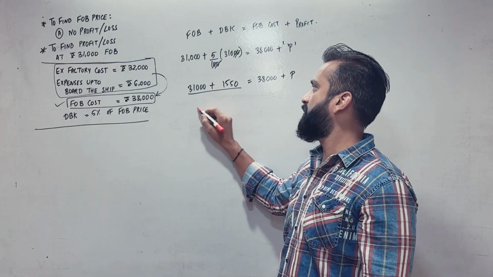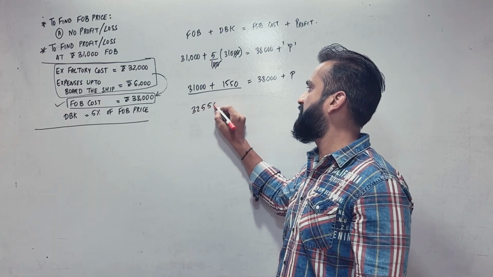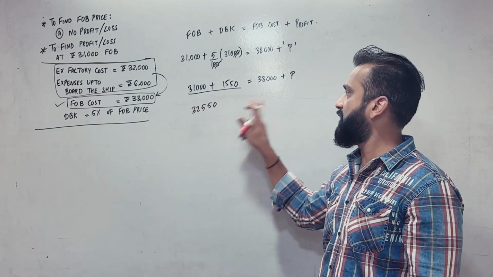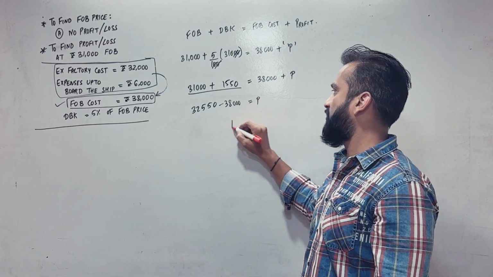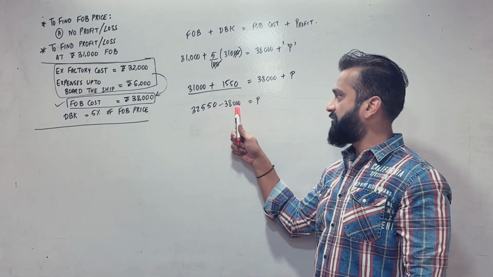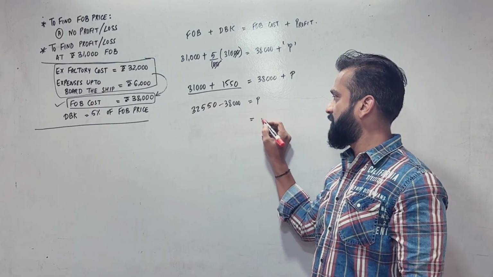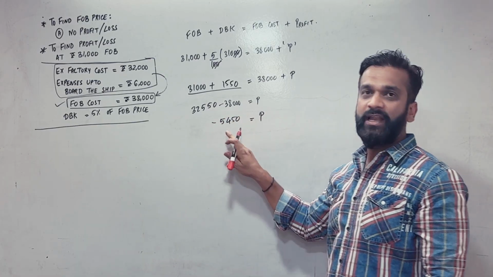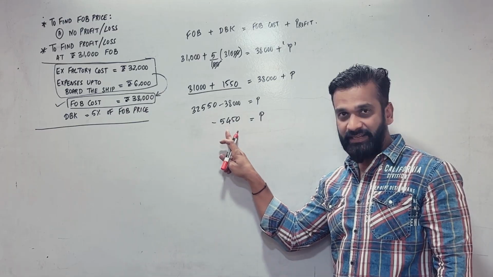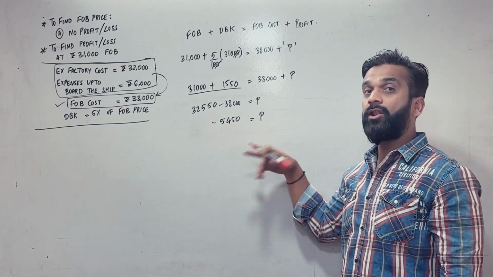So this will become 32,550. The 38,000 will go this side and become minus 38,000, is equal to profit. 32,550 minus 38,000, use calculators, you will get 5,450, but this value will be minus. So if it is minus, that means it is indicating a loss.